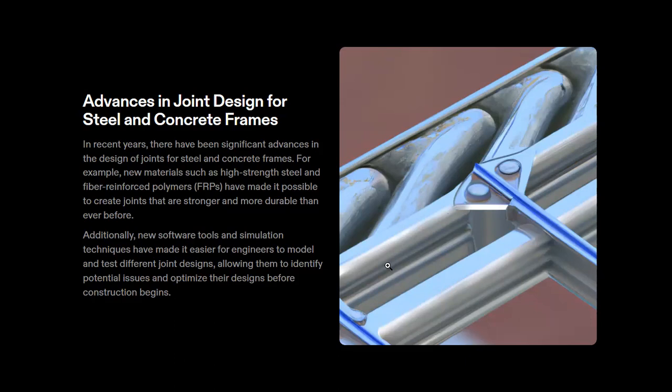In recent years, there have been significant advances in the design of joints for steel and concrete frames. For example, new materials such as high strength steel and fiber reinforced polymers, FRPs, have made it possible to create joints that are stronger and more durable than ever before. Additionally, new software tools and simulation techniques such as MATLAB and AutoCAD are very important for civil engineers to design steel and concrete frames.